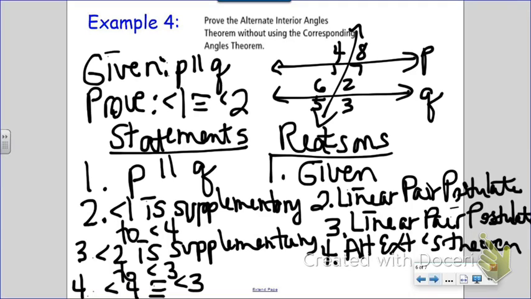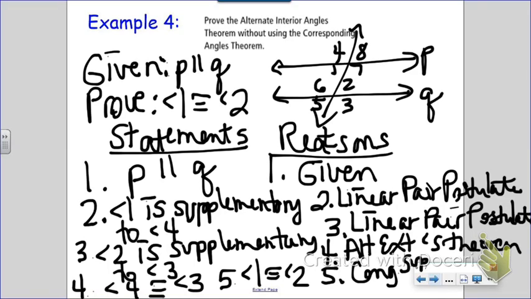So then our proof statement, angle 1 is congruent to angle 2, and that's by our congruent supplements theorem, which says if two angles are supplementary to the same angle, they have to be congruent to each other.